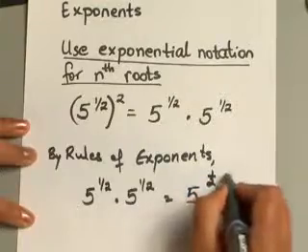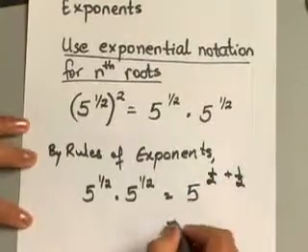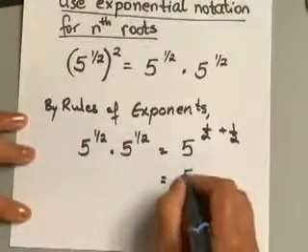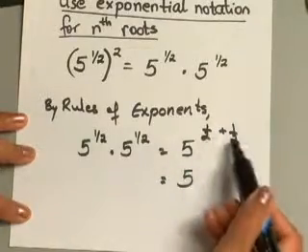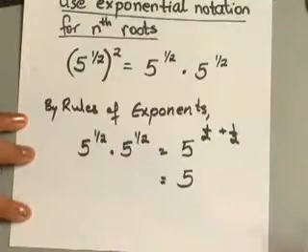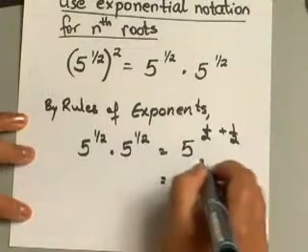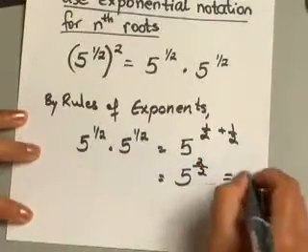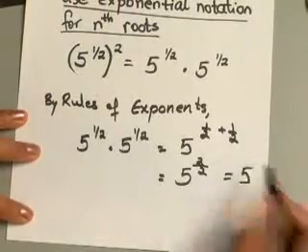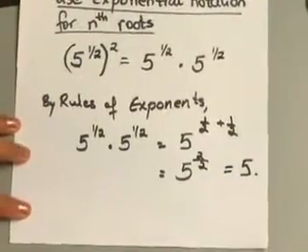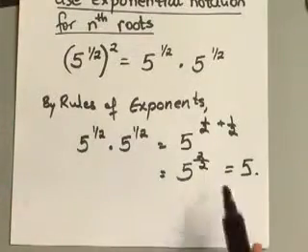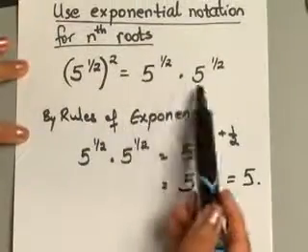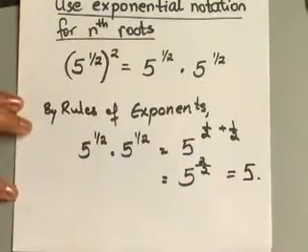So 1/2 plus 1/2 will give you, since you have the same denominator, you can add the numerators, which gives you 2 over 2, or 5 to the first power, or just 5. So this was applying the rules of exponents to evaluate what this expression would mean.